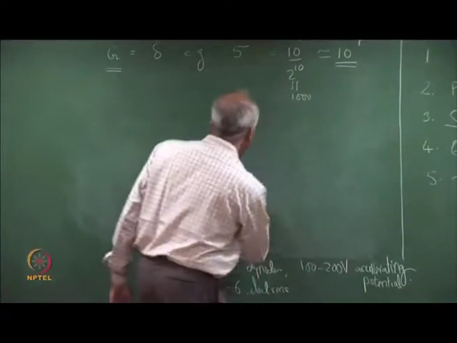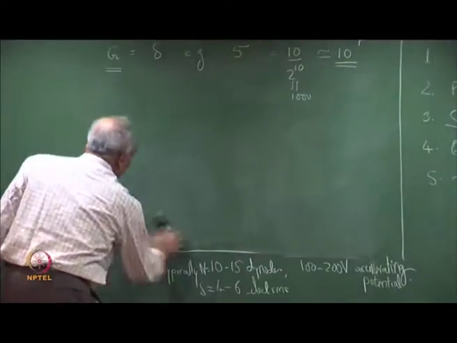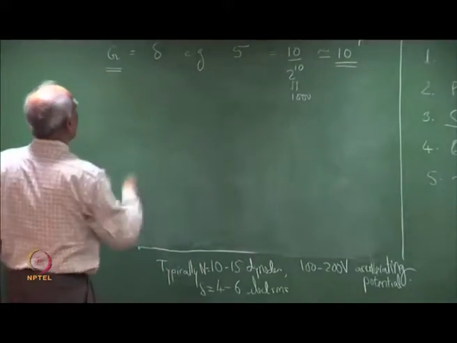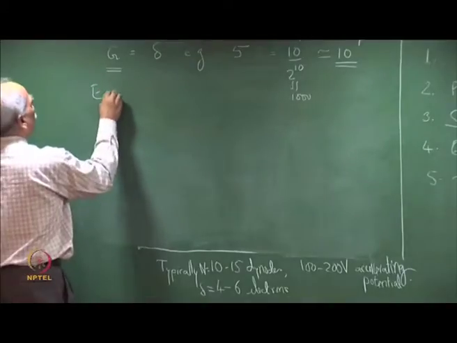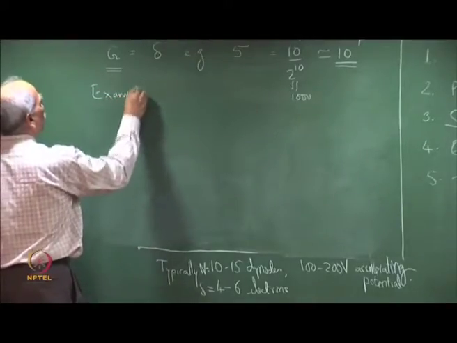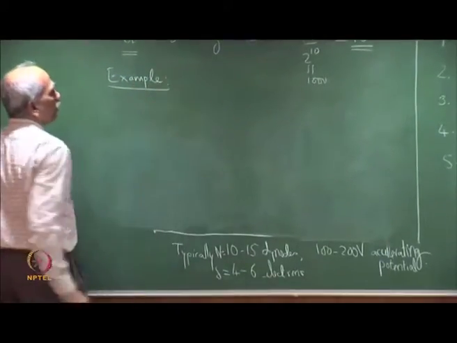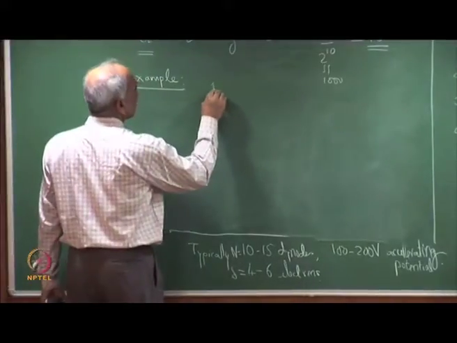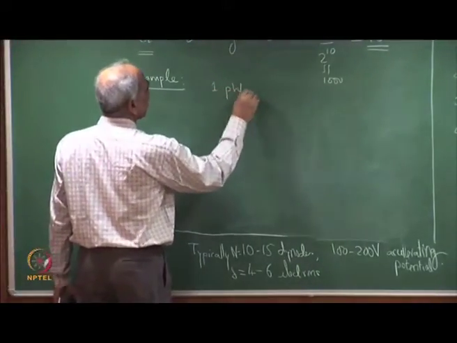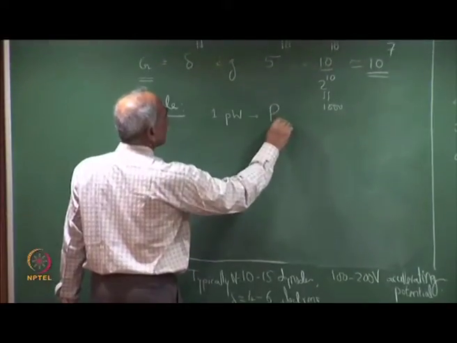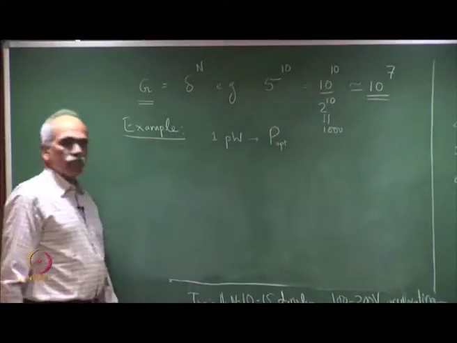That was a schematic illustration. So, example. Let us say the incident optical power P optical is 1 picowatt.